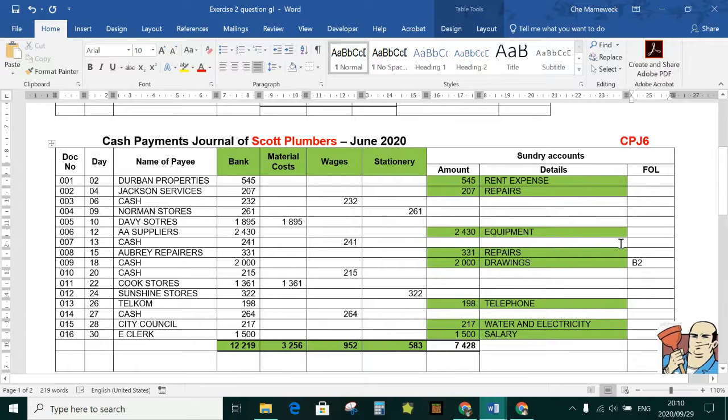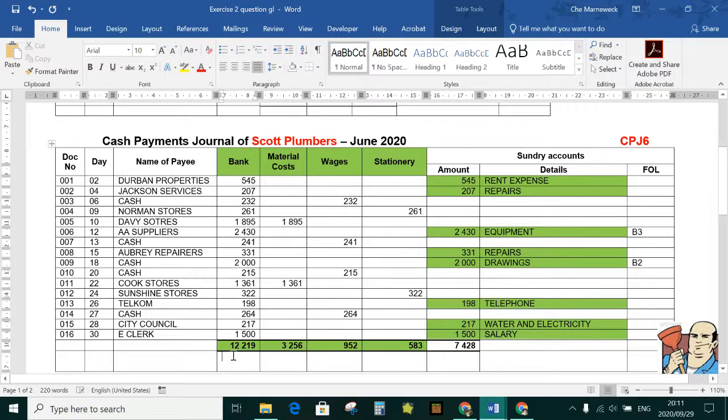We then are looking for fixed assets. Do we have land and buildings? No. Do we have equipment? Yes, that would be B3. Do we have vehicles? No. Then we have a look at current assets. Do we have trading stock or debtors control? No. Do we have bank?